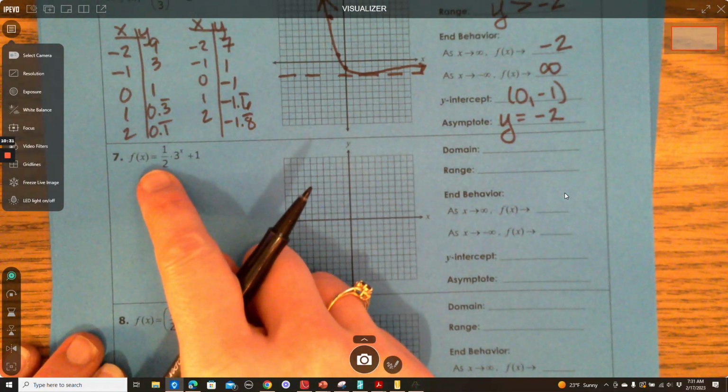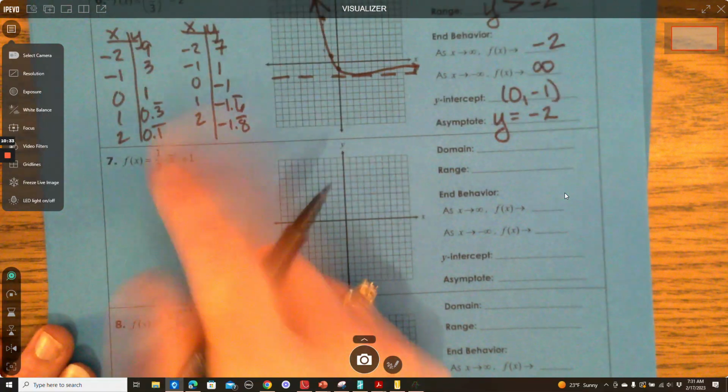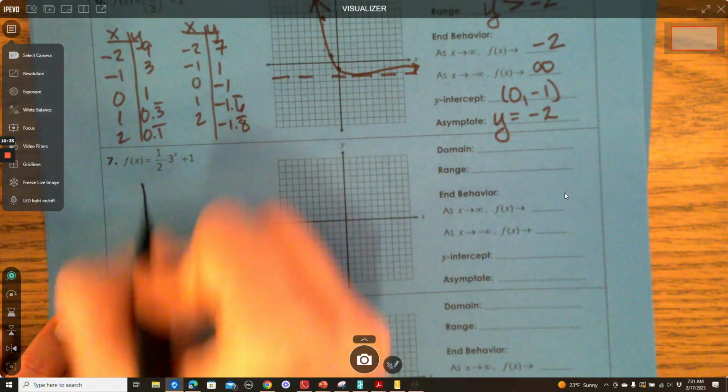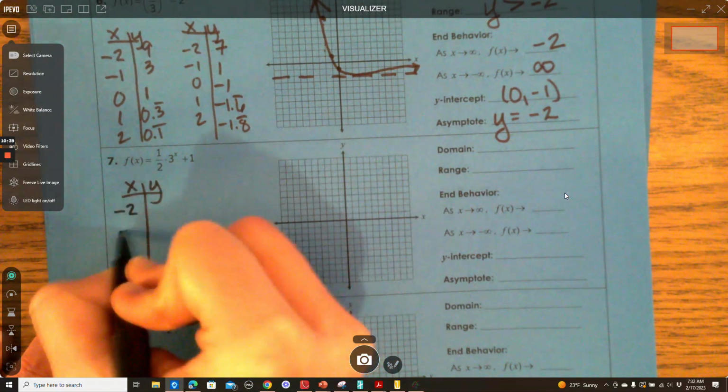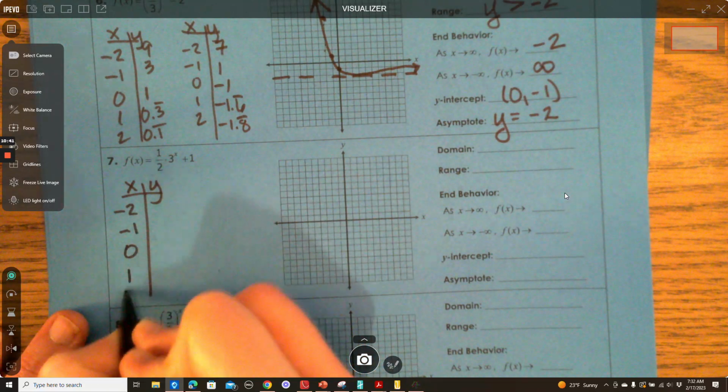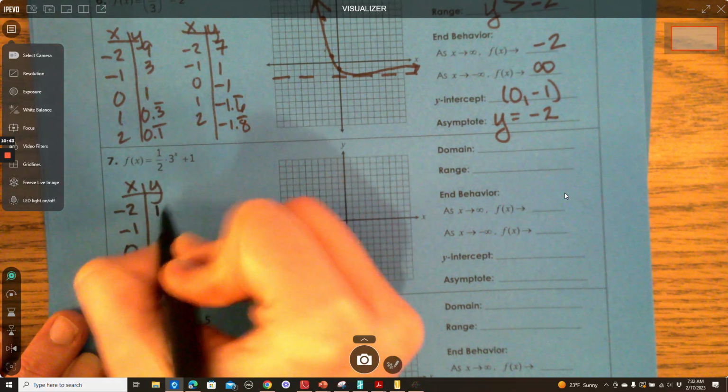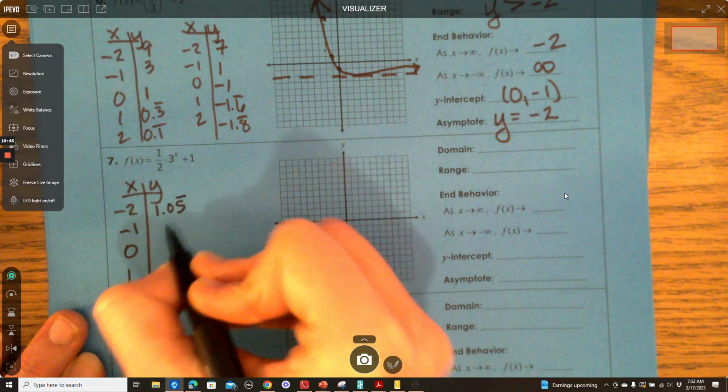Okay, so (1/2) times 3 to the x plus 1. I'm just going to do one table for this one. X and y: negative 2, negative 1, 0, 1, 2.